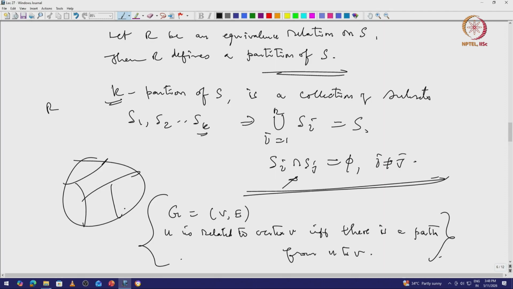U is related to V, that is, (U,V) belongs to R, which is a subset of V cross V. Here I define a relation.